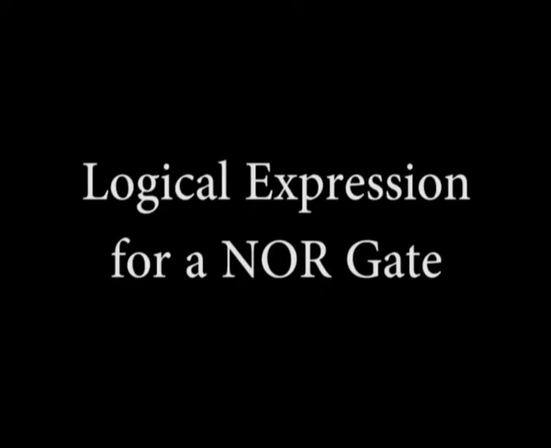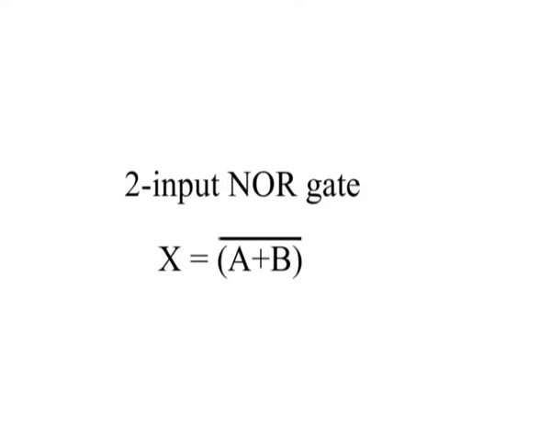Logical expression for a NOR gate. The Boolean expression for the output of a 2 input NOR gate can be written as X equals (A plus B) bar. This equation says that the two input variables are first ORed and then complemented, as indicated by the bar over the OR expression.